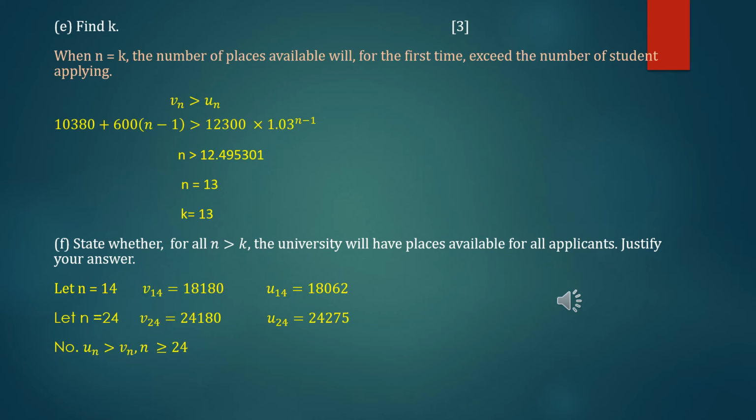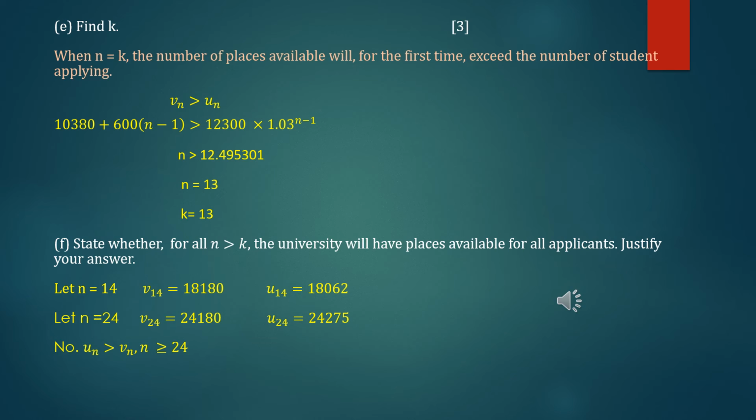We can try that also with 15, 16, 17, 18, 19, 20, 21, 22, 23, and all of them will give you an answer where our V sub n has more places than the number of students. V sub n is greater than U sub n. But when you try n equals 24, there is a switch. Your V sub n now is less than U sub n. So fewer places, more students applying.